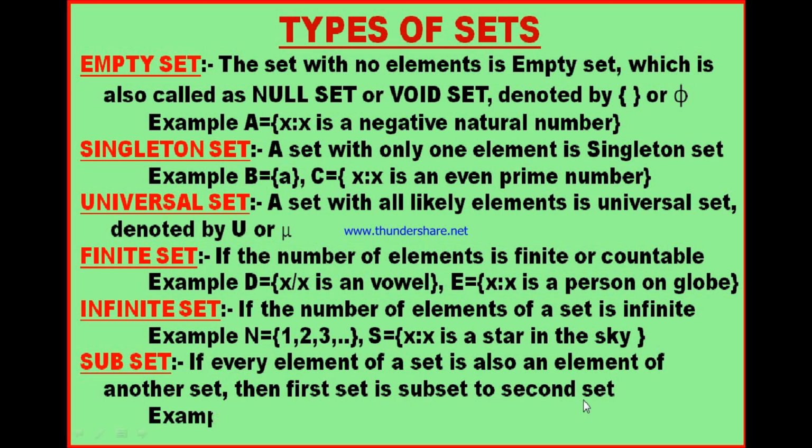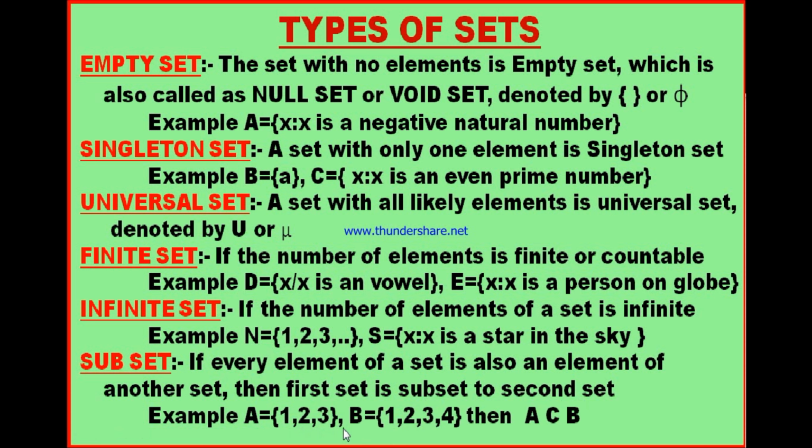I shall give an example. Here A is equal to the set 1, 2, 3 and B is equal to the set 1, 2, 3 and 4. Now you can observe every element of A is also an element of B. All elements of A are also elements of B. In such a case, you can say that set A is a subset of B. Here, A is a subset of B. You can represent it like this.